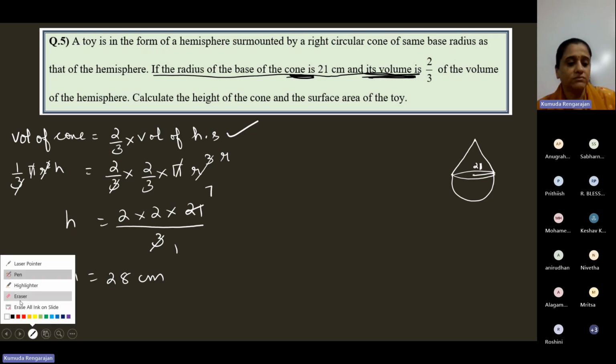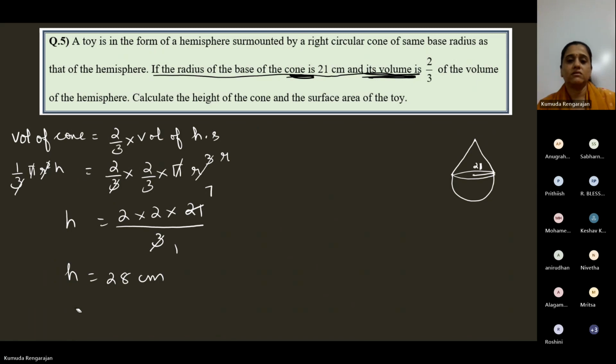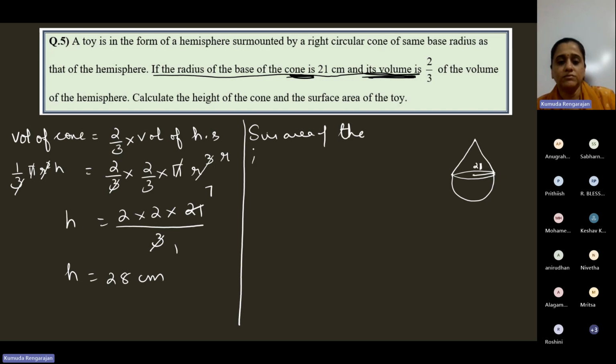Next, we have to find the surface area of the toy. So how do you find the surface area of the toy? Surface area of the toy is equal to CSA of cone plus CSA of hemisphere.